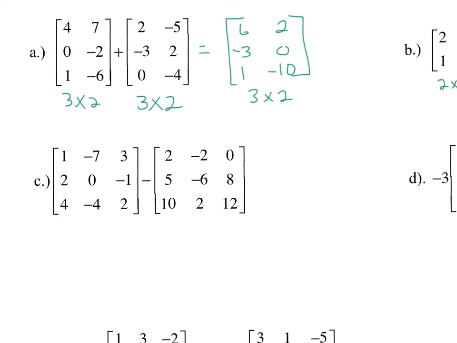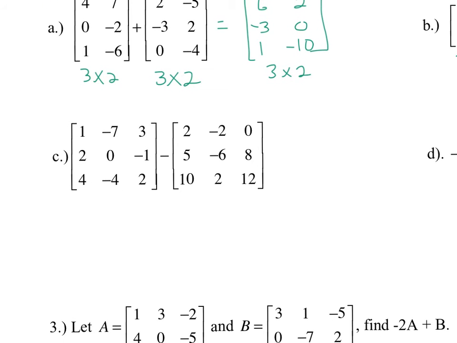For part C, just be careful, we are subtracting, so you're going to subtract all your corresponding entries. So again, this is a 3 by 3 matrix, and also the second one's a 3 by 3. So our final answer will also be a 3 by 3 matrix. And again, we're going to subtract, so I'm going to just start with the first couple.